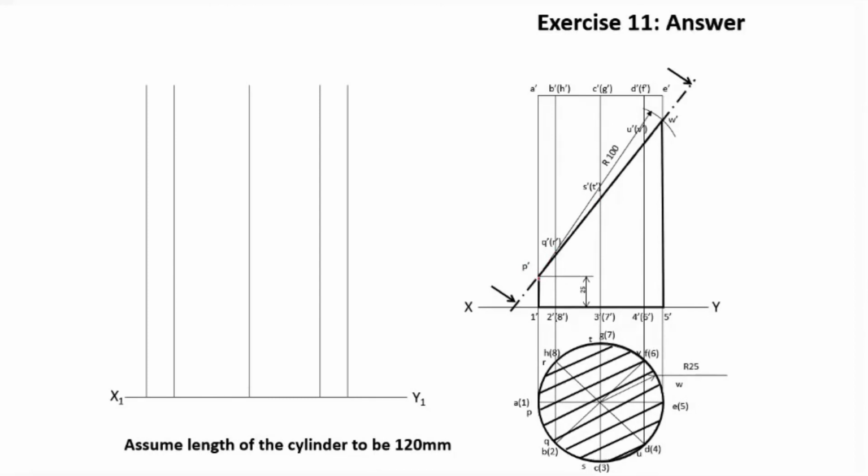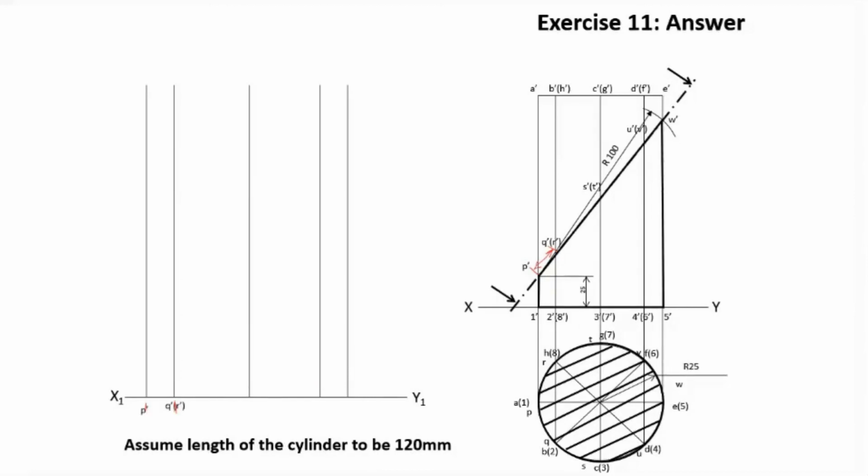Between these points P dash and W dash, this distance should be equal to this distance, parallel to this line. Likewise, we reproduce all those distances.